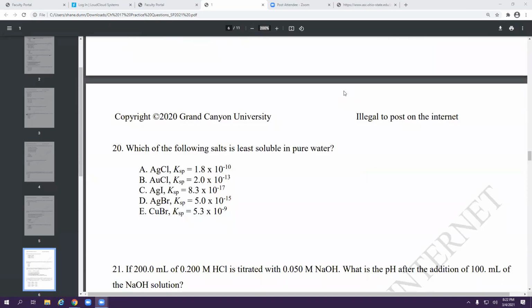So, a long time ago, probably about an hour and 30 minutes ago, I told you about KSP. An increase in KSP means what? An increase in solubility, right? So which one finally has the least solubility?